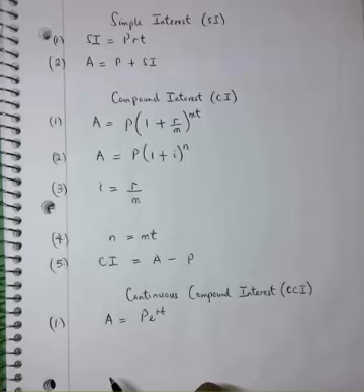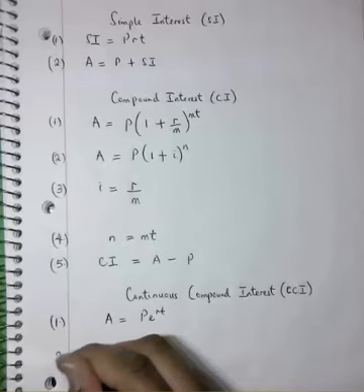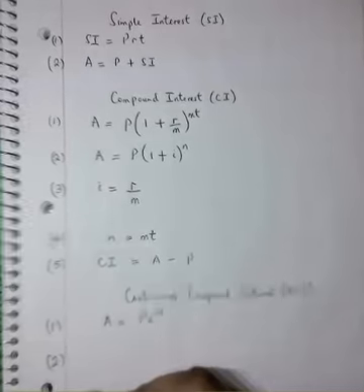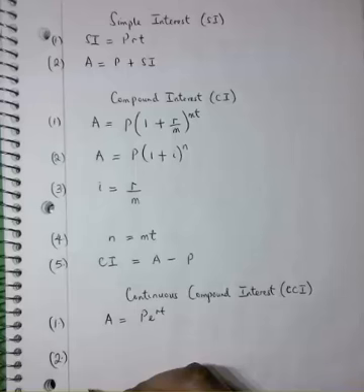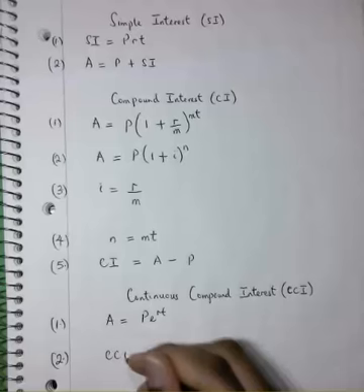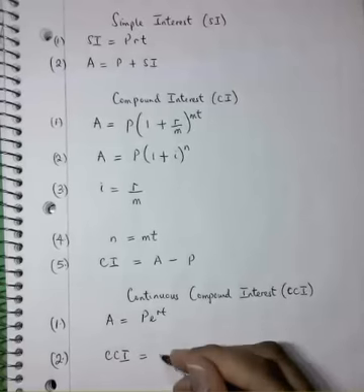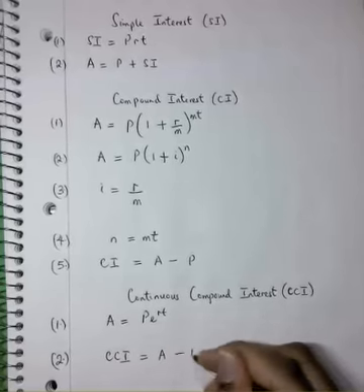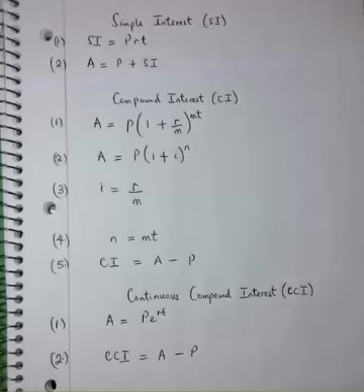Then the second one is that continuous compound interest is equal to A minus P. Now let's write the one for annual percentage yield, and then we shall write what all of these mean.